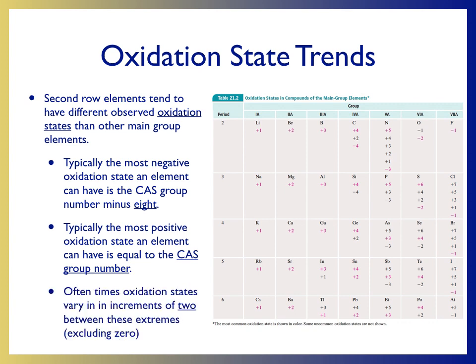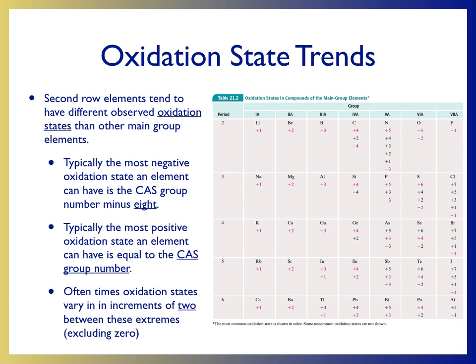Another trend in oxidation states is that figuring out the rest of the oxidation states is a little simple. Usually the oxidation states vary by increments of 2 between the highest oxidation state and the lowest oxidation state.